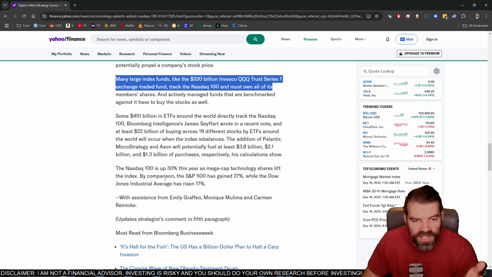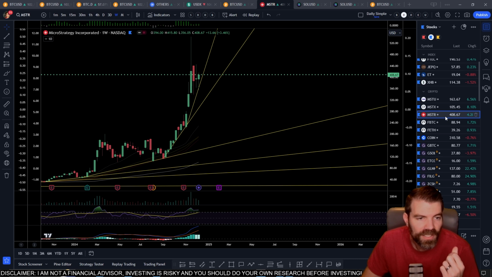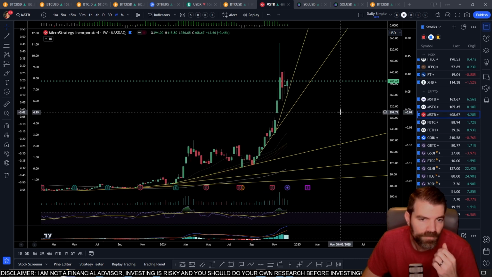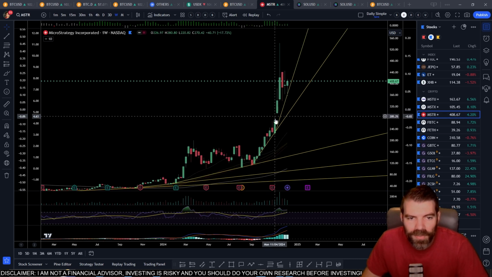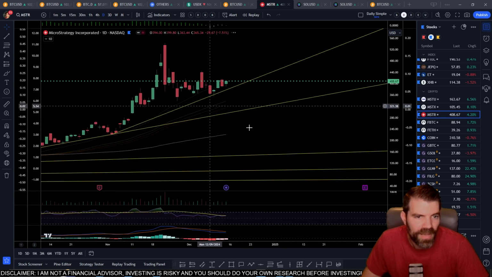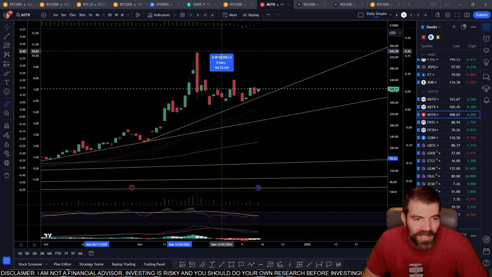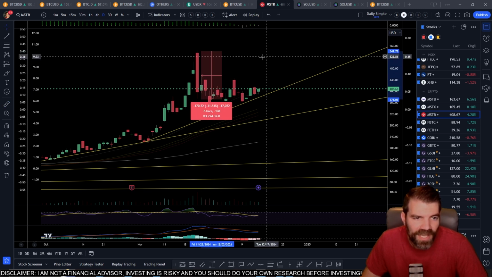There might be news of this on Monday, and I think this is going to force a big price push on MicroStrategy on Monday. So right now, a lot of people have been shorting MicroStrategy. You can see we had this massive push to the upside, and it was basically one of the most shorted stocks in a very long time. You can see we had a single daily candle of 30%.